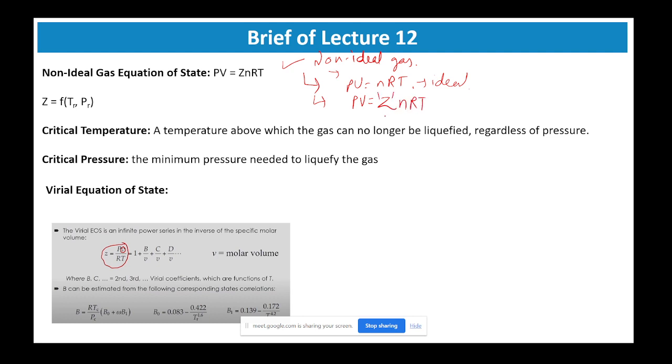Now, this Z is the compressibility factor, which is a kind of parameter or constant which represents what type of interaction, or the amount of interaction or forces that are present in the gas. Okay, so the value of Z lies between 0 to 1.